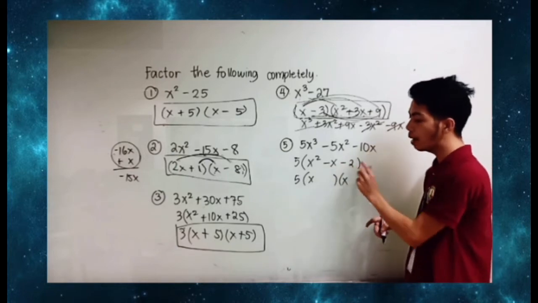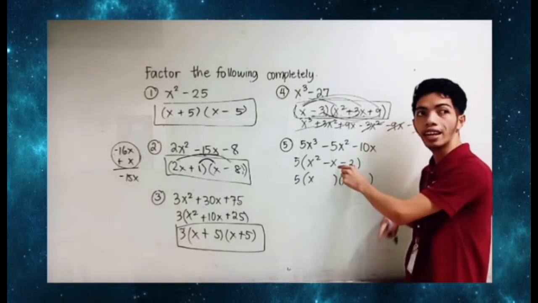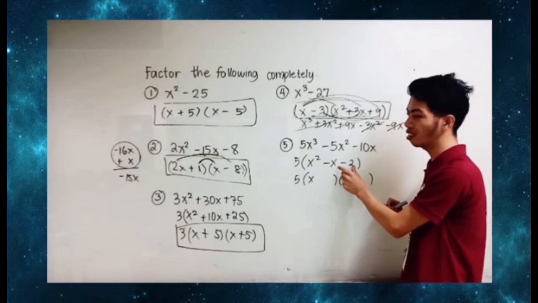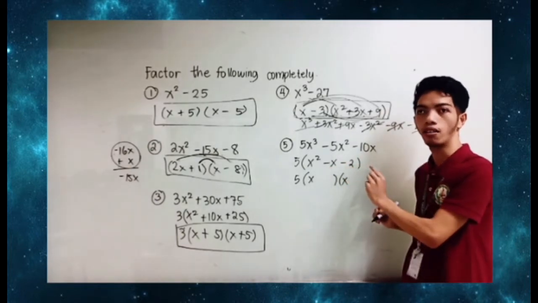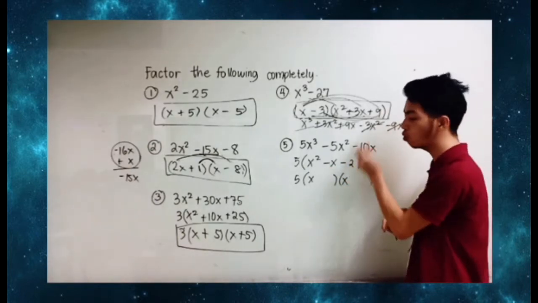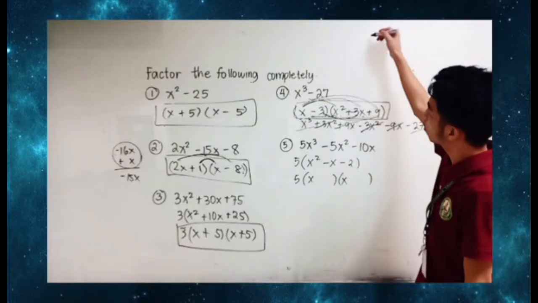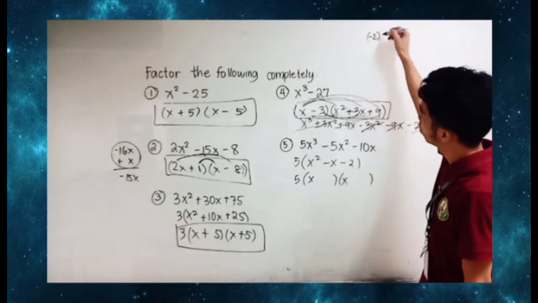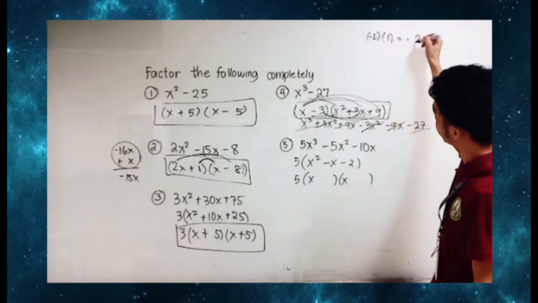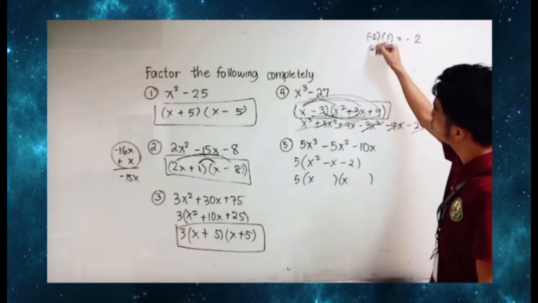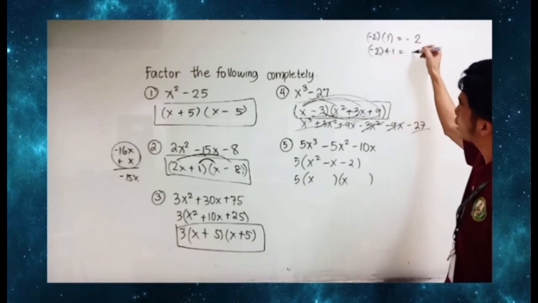So, dapat pala, mag-iisip ka ng factor ng negative 2 na ang sagot ay negative 1. Okay? Ang factor ng negative 2 na pag pinag-combine mo, ang sagot ay negative 1. So, diba you have negative 2 times 1 is negative 2. Negative 2 plus 1 is equal to negative 1.